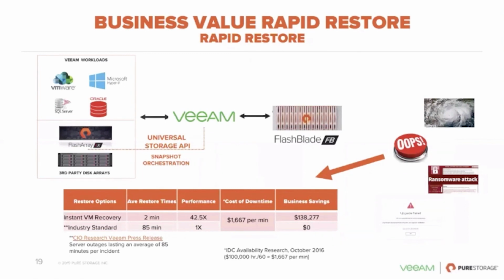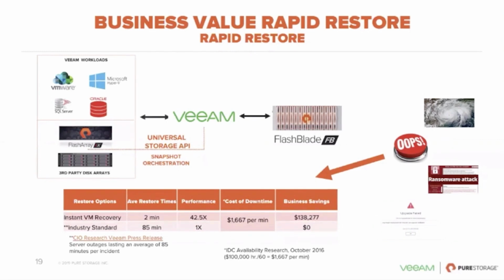Okay, and you can see here, we like to show the value of FlashBlade. Sure, backup performance is great, restore performance is even better, but we like to show the value of FlashBlade in terms of dollars, in terms of the amount of time you save when you're bringing back mission critical systems. So you can see there's a very simple example.